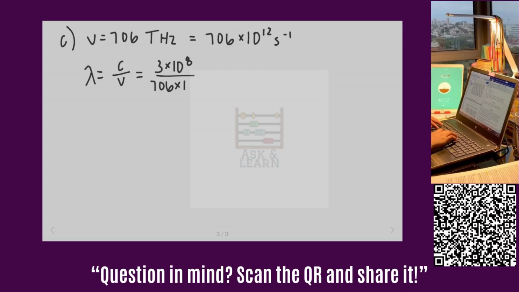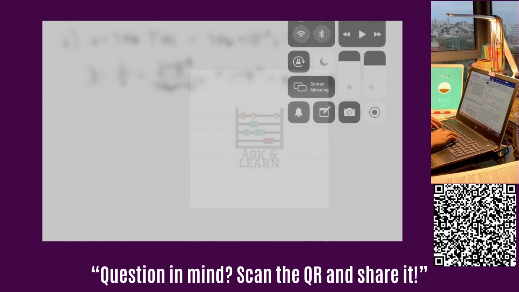V is 706 times 10 to the 12th. And then the last step will be to multiply it by 1 times 10 to the 9th to get it in terms of nanometers. So we get 425 nanometers, which means yes. So A and C will show up in the range and be detected.